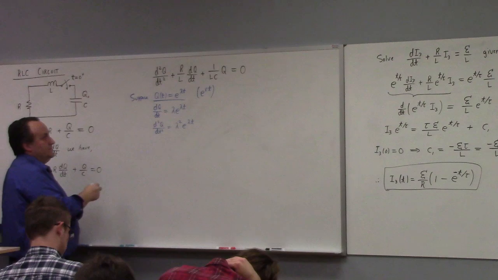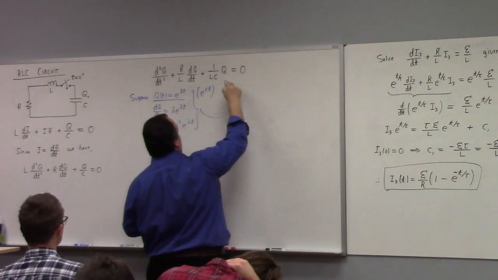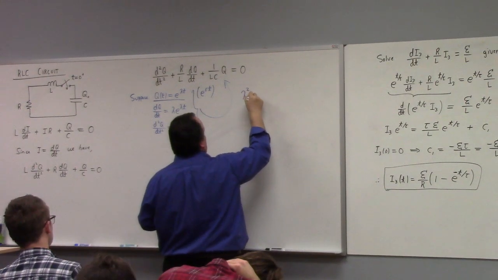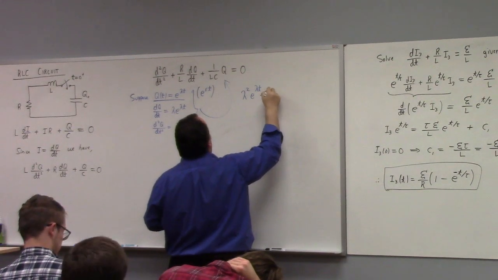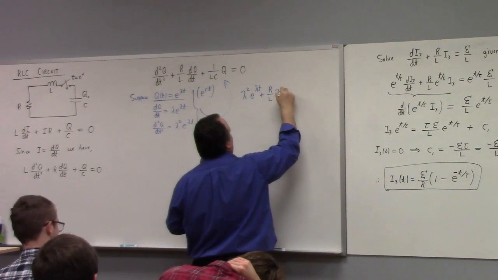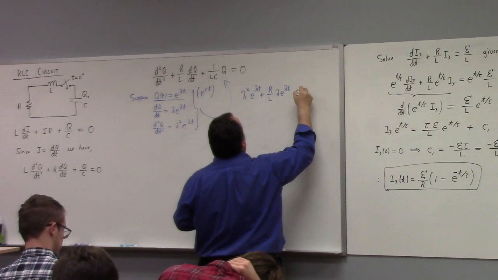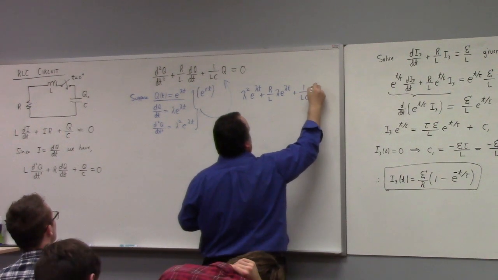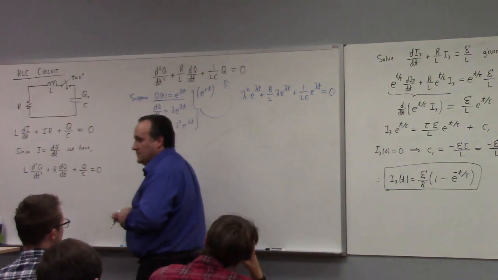So you take these and you plug them in up there, and what you get is lambda squared e to the lambda t plus R over L lambda e to the lambda t plus 1 over LC e to the lambda t equals 0 if it's going to work. That's what we need.